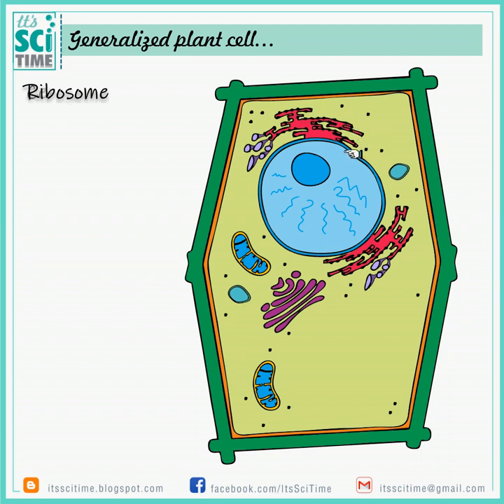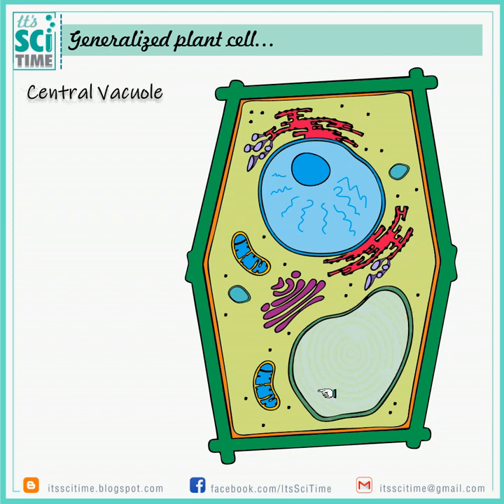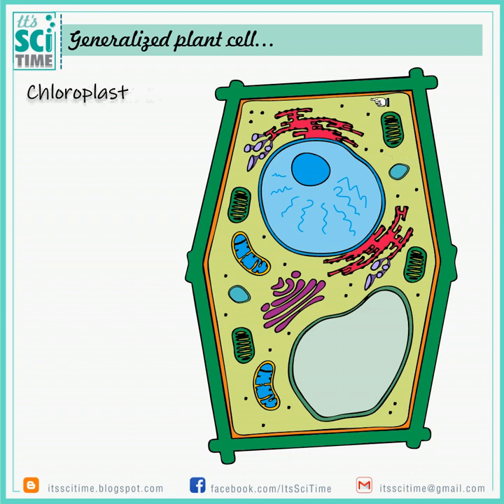Then the central vacuole. This is a special thing in plant cells. The central vacuole occupies more space in plant cells. In animal cells vacuoles are also present, but they are small. A central vacuole is clearly seen in plant cells. And finally, the most important part in a plant cell, the chloroplast. Chloroplast is seen only in plant cells. They produce food. That is the photosynthetic unit in plant cells.